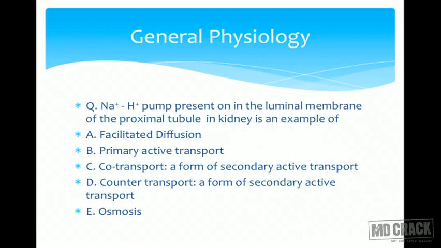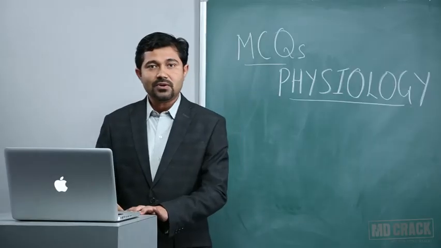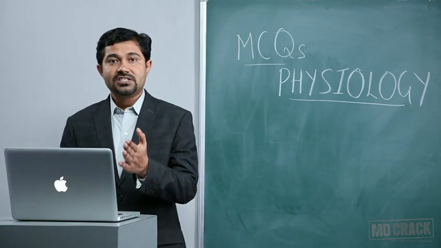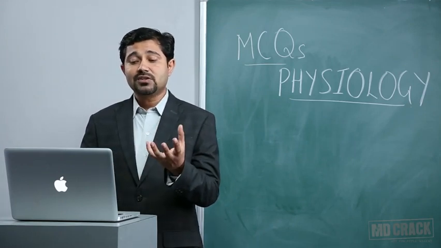Next question. The sodium hydrogen pump present in the luminal membrane of the proximal tubule in the kidney is an example of: facilitated diffusion, primary active transport, co-transport as a form of secondary active transport, counter-transport as a form of secondary active transport, or osmosis. So what do you think is the correct answer? For this you should have knowledge of the various channels present on the luminal membrane of the proximal tubule.